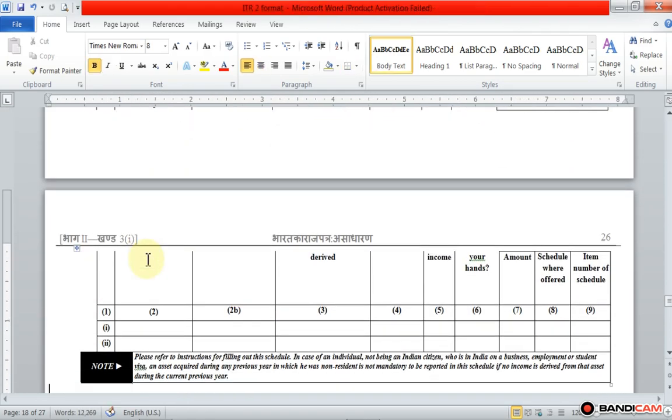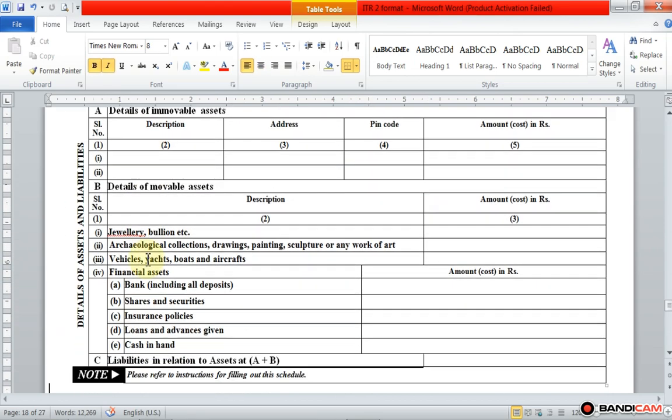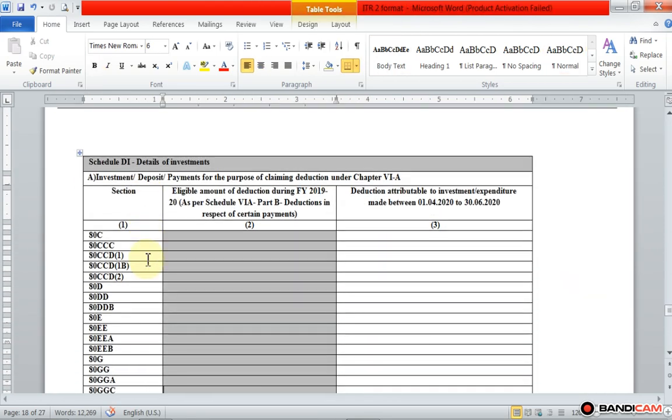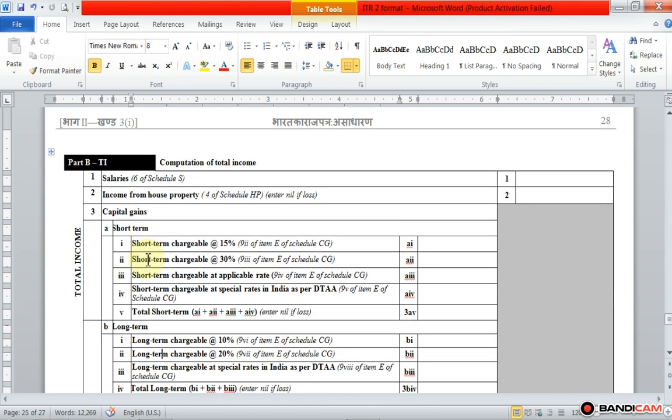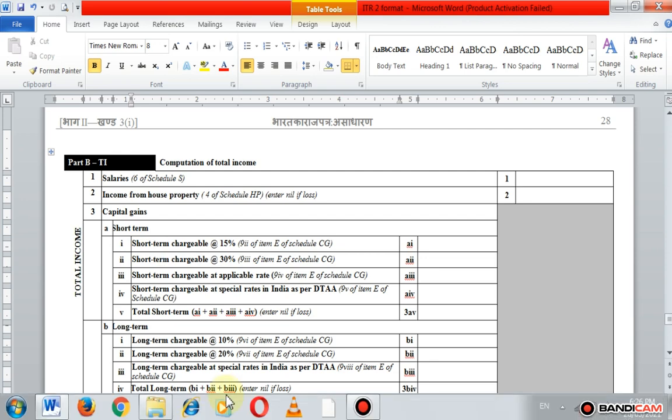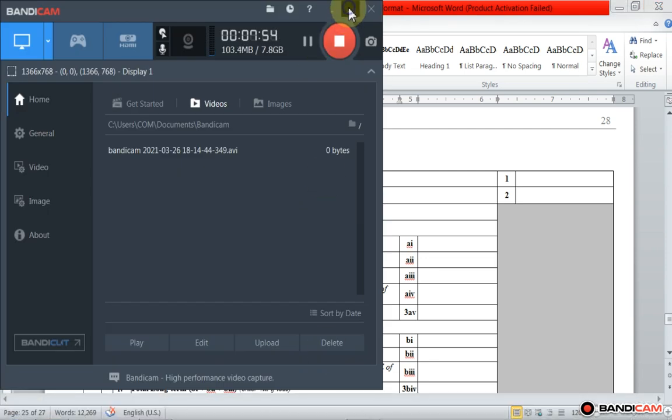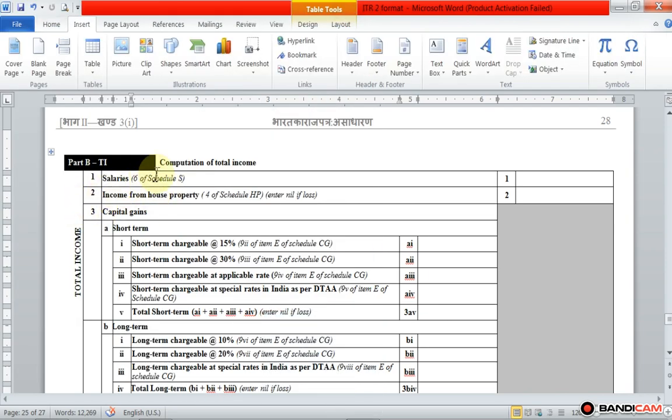Part B-TI is computation of total income and tax liability of the assessee. Here it includes computation of total income, including salaries, item 6 of Schedule S. So here the Schedule S salary is taken into consideration.